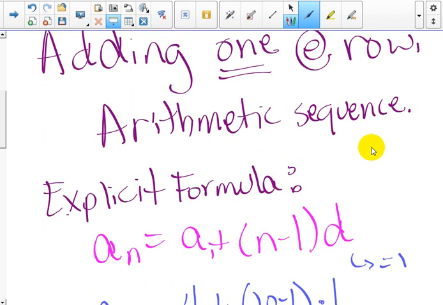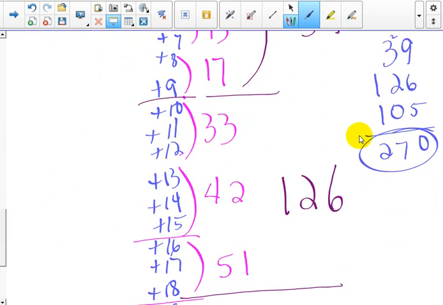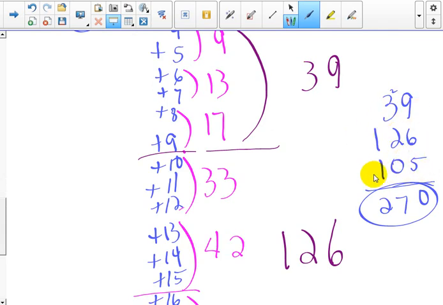Okay, so once you add all those up, you've got 39, 126, and 105. That's 270 total chairs. So that's our answer.